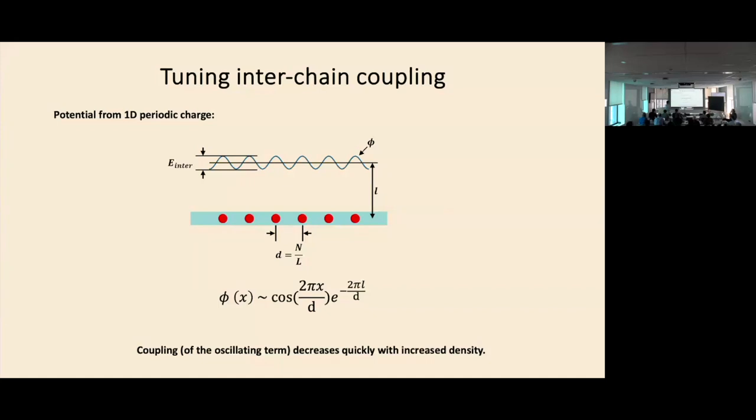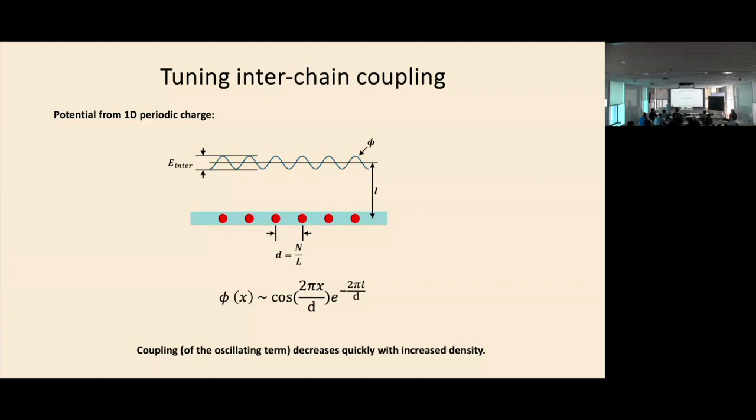But if you look at the periodic oscillation part, you'll find that it actually decreases exponentially when the chain separation is larger than the two-particle separation.